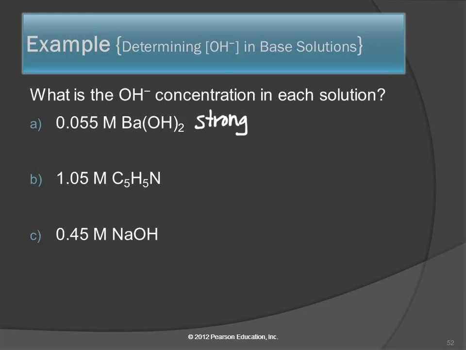And then what does this do when it dissolves, when it ionizes? So hopefully now that we've been through the whole semester, you can look at this and recognize, okay, this is one ion, and then this inside the parentheses is another ion, and outside the parentheses is a 2, meaning I've got 2 of those. So when this comes apart, I've got a barium ion and 2 hydroxide ions.